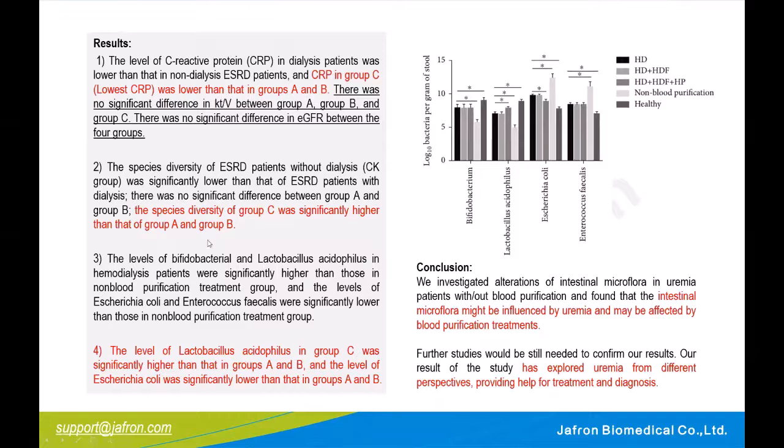So this publication is quite interesting and rare to see, and we think this can open new perspectives to let us know more about how hemoperfusion can benefit patients in different areas, such as the intestinal situation.